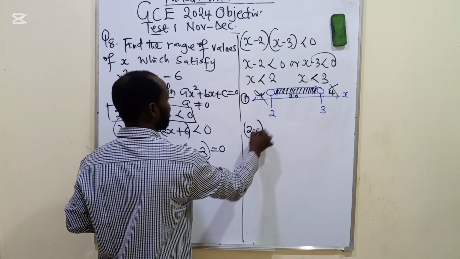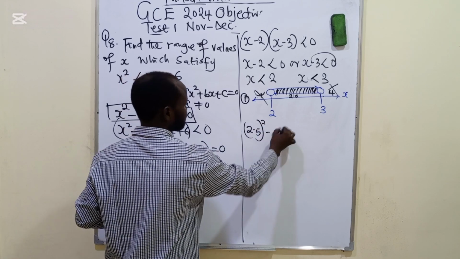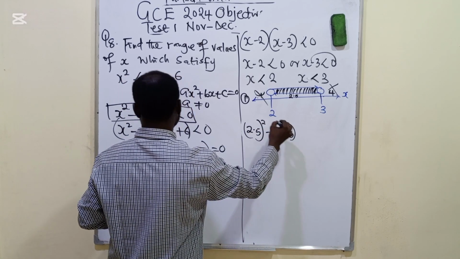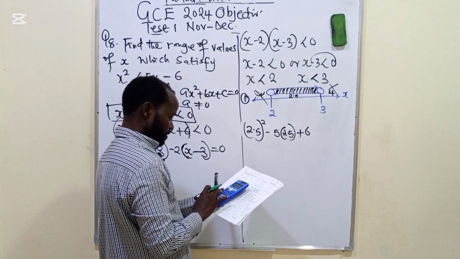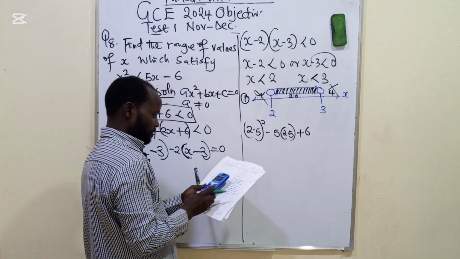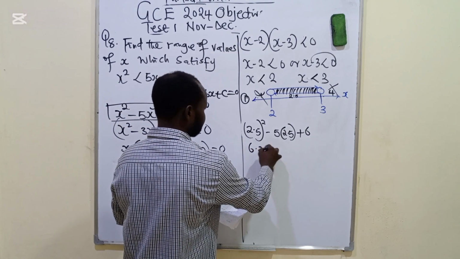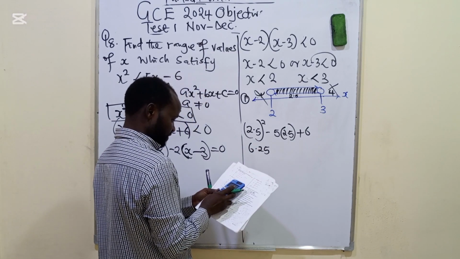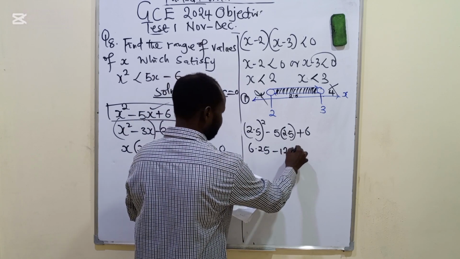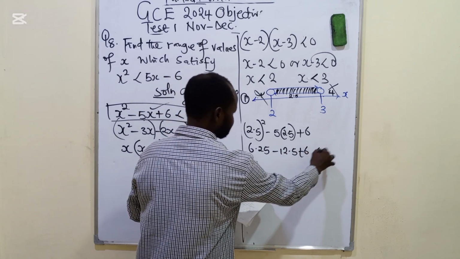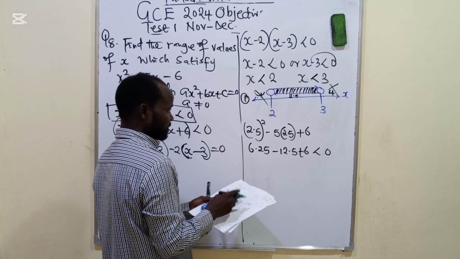2.5 all squared minus 5 into 2.5 plus 6. Let's resolve it and see. 2.5 squared is 6.25. 5 times 2.5 will be minus 12.5 plus 6. Is it less than 0? Let's check.